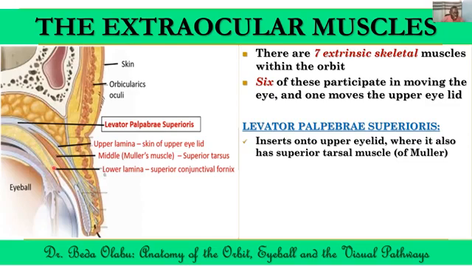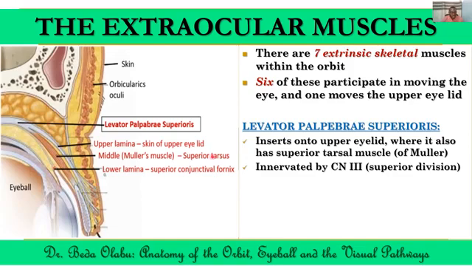The fornix is a junction between the conjunctiva that lines the eyelid, the palpebral conjunctiva, and the conjunctiva that lines the eyeball, the bulbar conjunctiva. So this junction is called the fornix of the conjunctiva, and some slips attach there.